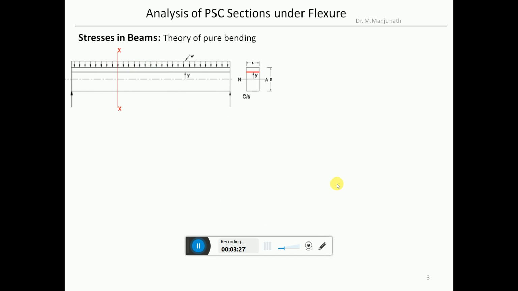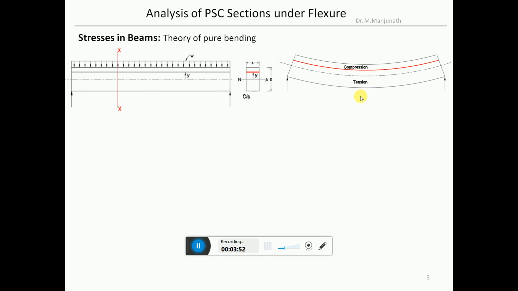So when it is required to find out the stresses in a beam, we have this theory of pure bending. A beam subjected to load, here a simply supported beam, will bend, resulting in compressive stresses in the upper fibers and tensile stresses in the bottom fibers.